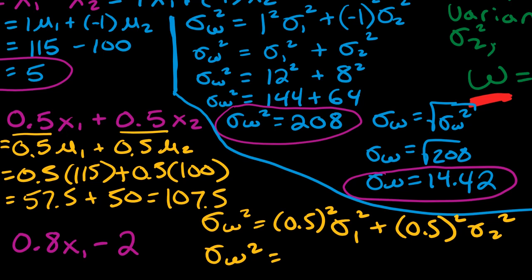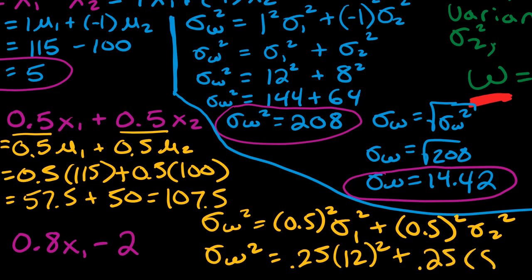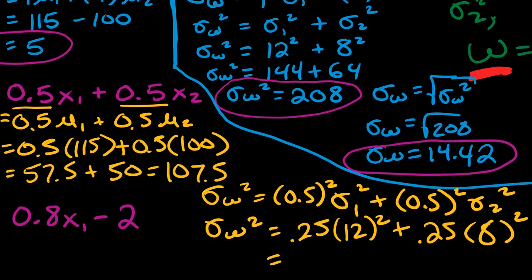All right, so plug this in. 0.25 times, what was this, 12 squared plus 0.25 times, what was it, 8 squared. Okay, you can simplify this. Let's see.